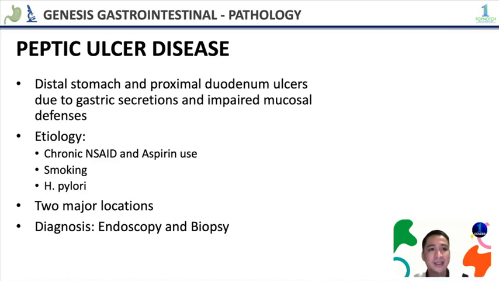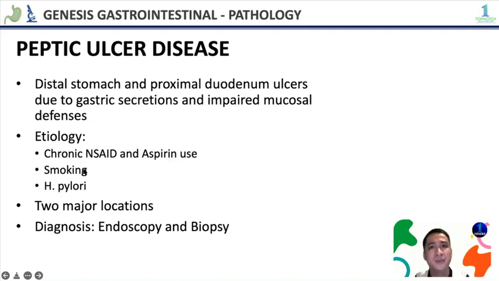Peptic ulcer disease affects mostly the distal stomach and proximal duodenum due to gastric secretions and impaired mucosal defenses. Again, there is an increase in hydrochloric acid production and an impairment of the defenses as we have earlier learned. We have chronic NSAID use and aspirin, and again, if you can recall, prostaglandins.